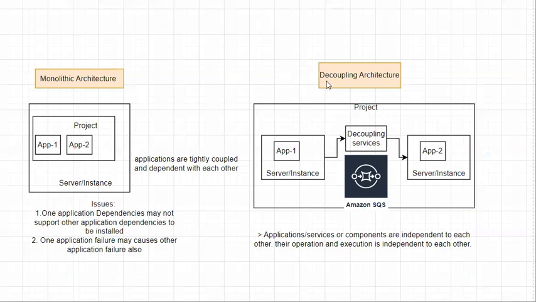So this is why we use decoupling architecture nowadays for real-time project implementation. I hope you understood why we moved from monolithic architecture to decoupling architecture, that is, from a single server to multiple microservices for a single project.